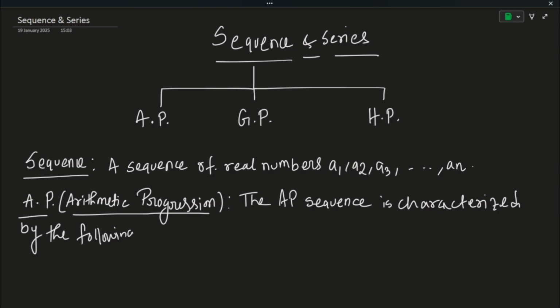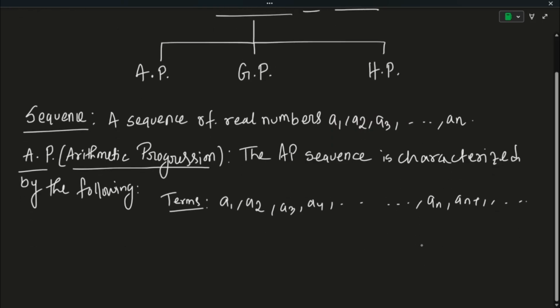In AP too, you will obviously understand that the terms of an AP are going to be just like a sequence, like A1, A2, A3, A4, and all the way up to an plus 1, or however, like this will go on, right? These are the terms of an AP. But what is special about this? Why is it called an AP and not just a general sequence?